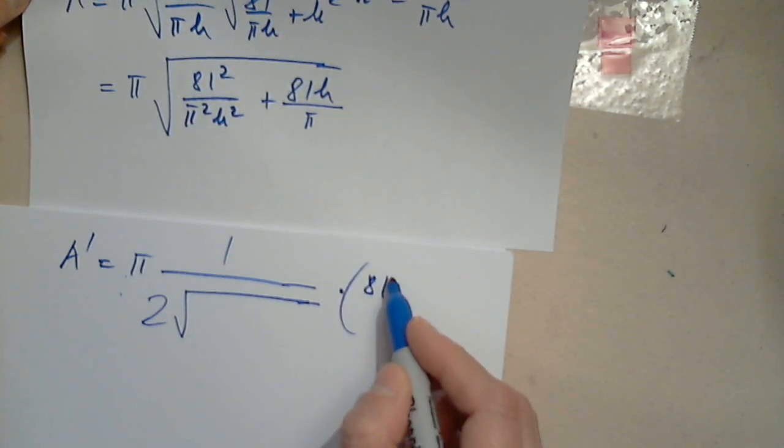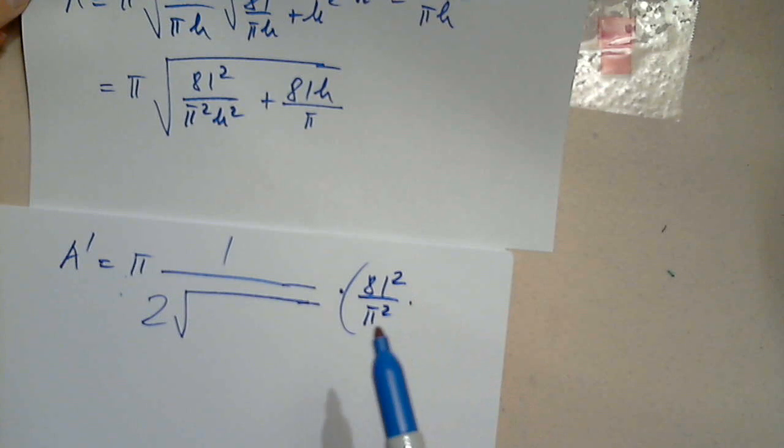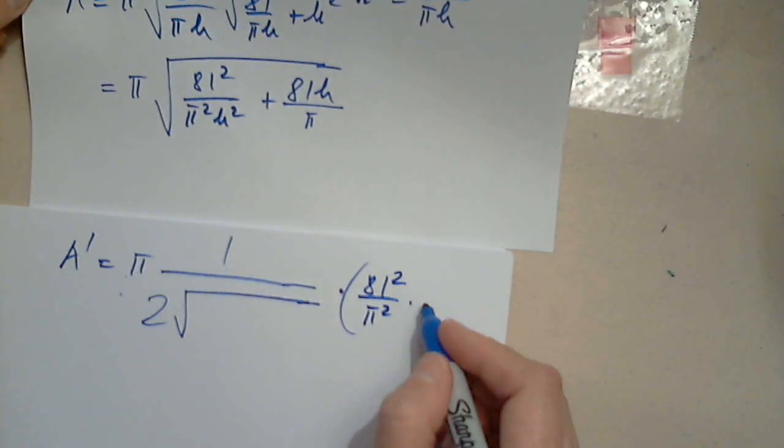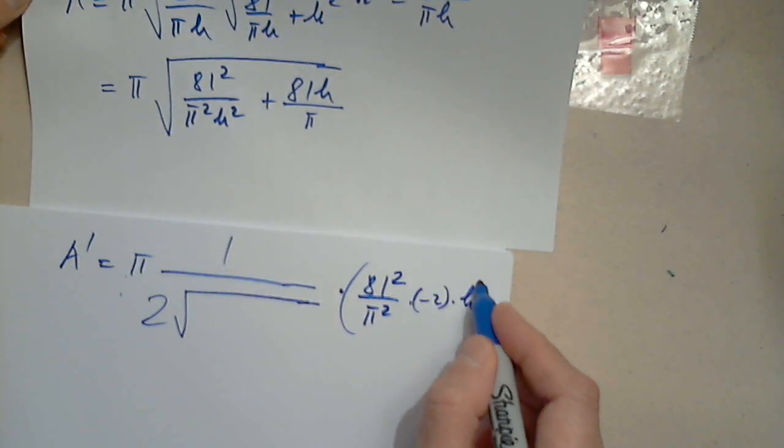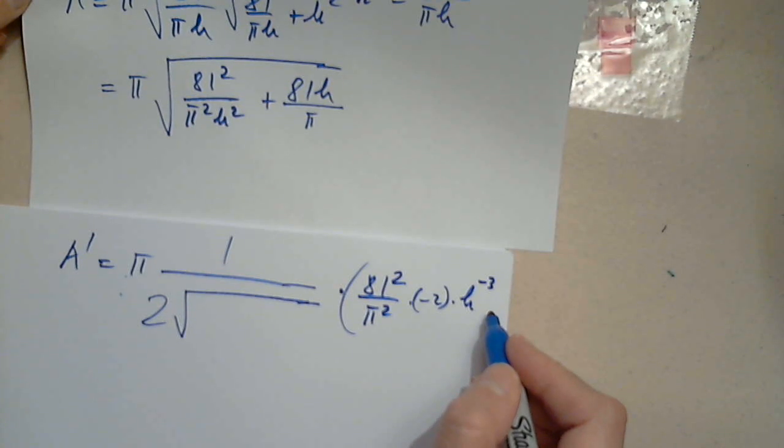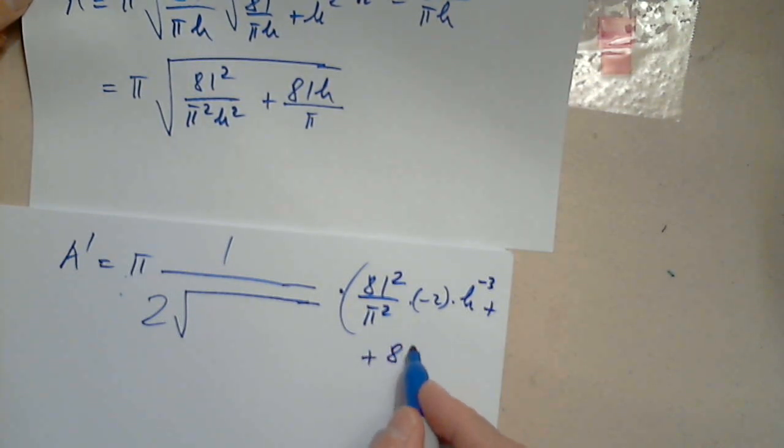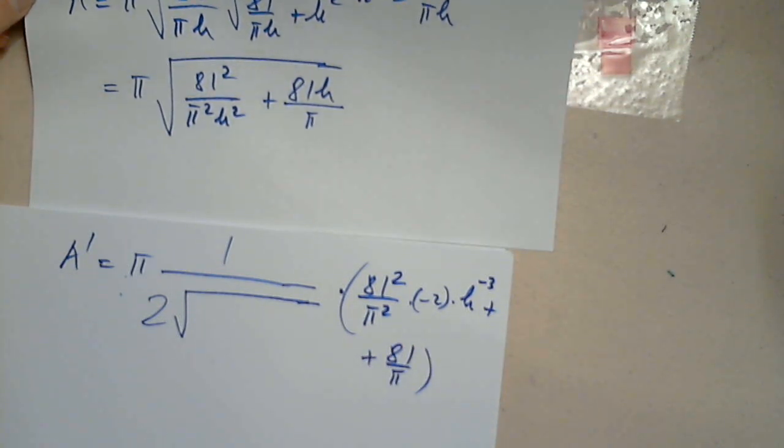So we have 81 squared over pi squared, h to negative 2, negative 2 times h to negative 3, plus 81 over pi.